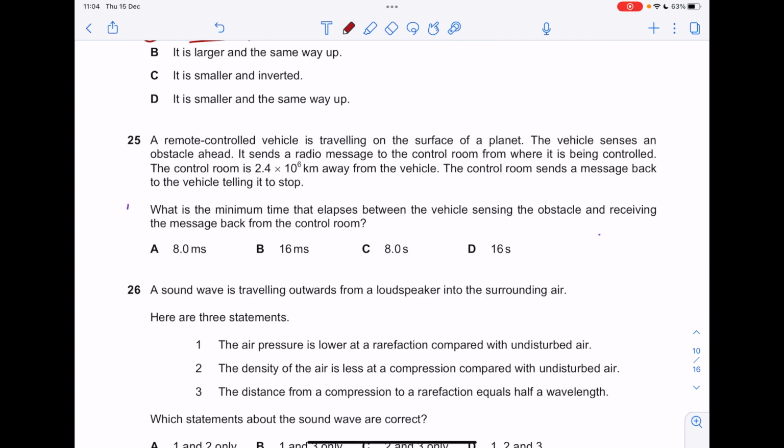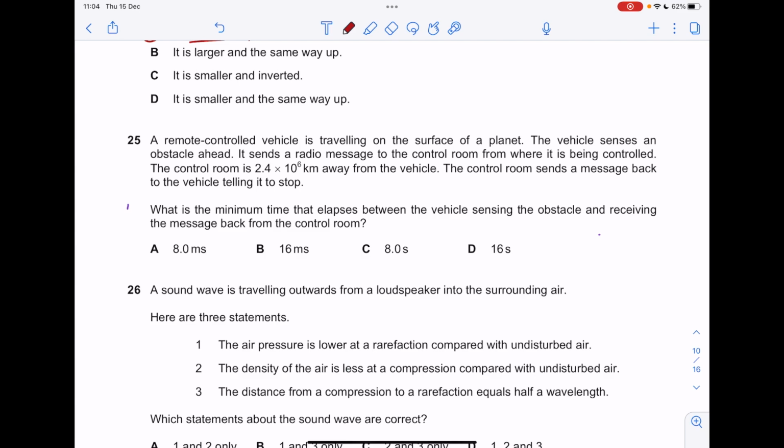A remote-controlled vehicle is travelling on the surface of a planet. The vehicle senses an obstacle ahead. It sends a radio message to the control room where it's being controlled. The control room is 2.4 times 10 to the 6th kilometres away from the vehicle. The control room sends a message back to the vehicle telling it to stop. What is the minimum time that elapses between the vehicle sensing the obstacle and receiving the message back from the control room?